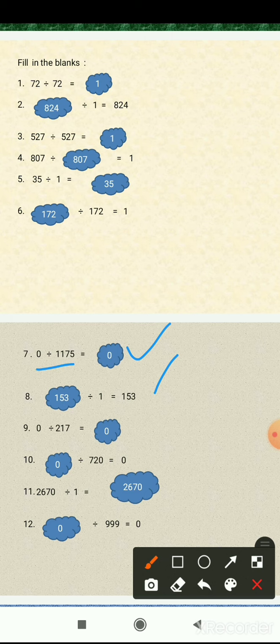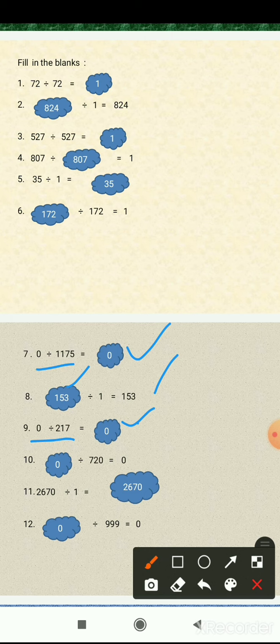So here the answer will be 153. Next example, 0 divided by 270. The quotient is 0, so the answer is 0.